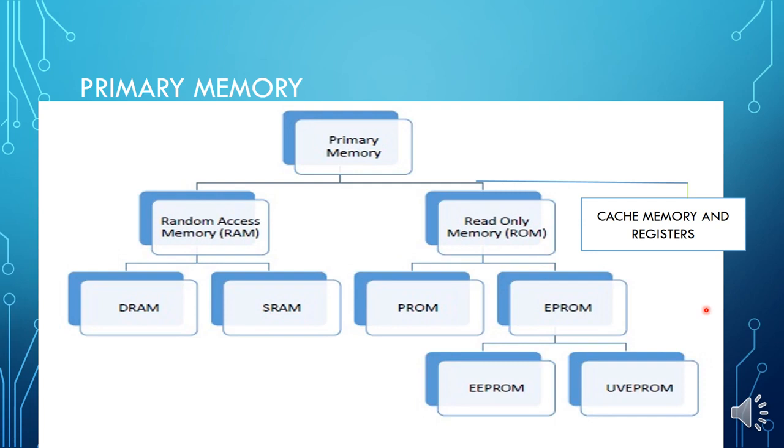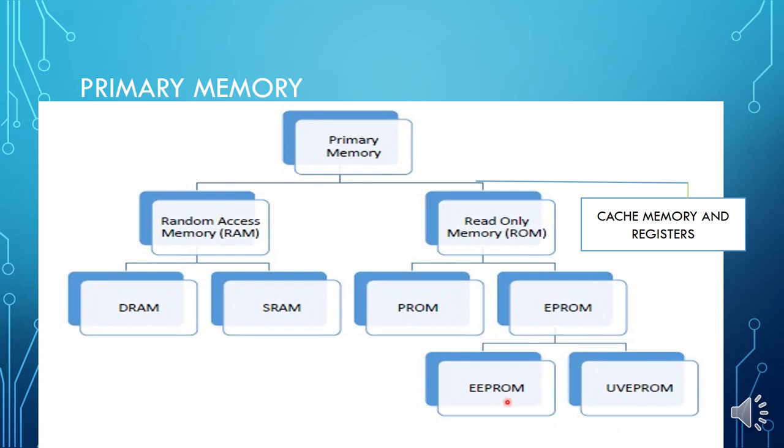Information stored in EPROM is erased by exposing the chip for some time to UV light. Whenever EPROM is under sunlight, sorry, ultraviolet light, it erases the chip and then we can reprogram it again.